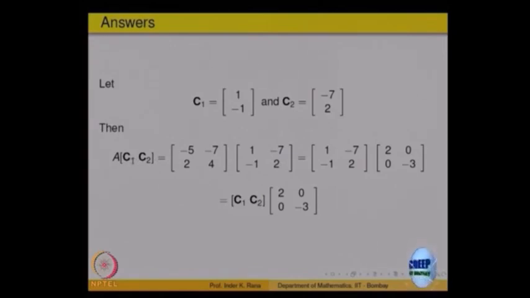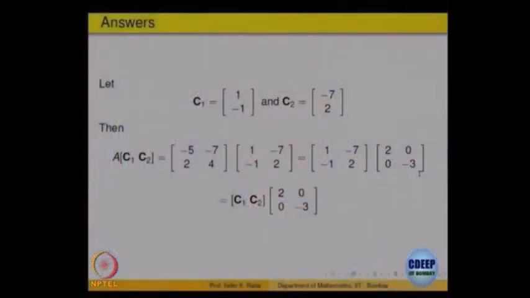That is the first lambda times that vector, and the second is the second scaling times the second vector, with scalings 2 and minus 3. So, I can write it as a matrix multiplication, which is the same as the matrix C1 C2 times a diagonal matrix. So, the two equations have been put together into this equation now.